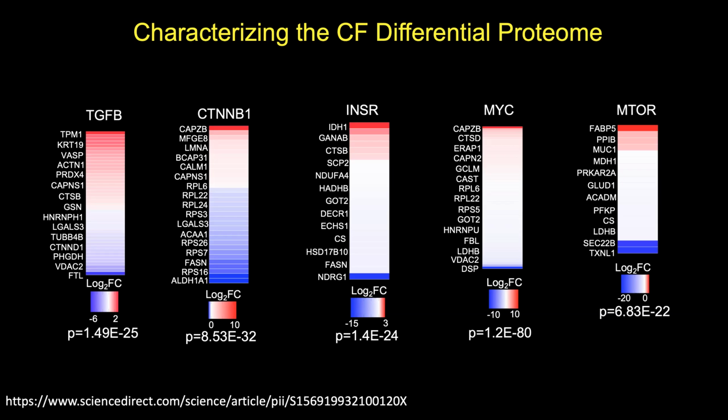And it also included inflammatory pathways like mTOR. Shown are the contributing proteins that are targets of these respective pathways and are differentially secreted or differentially expressed in the CF cells.